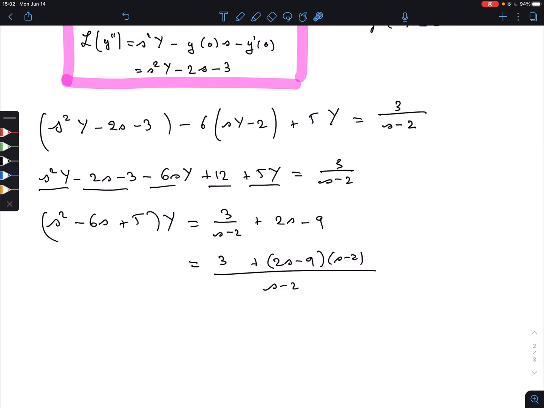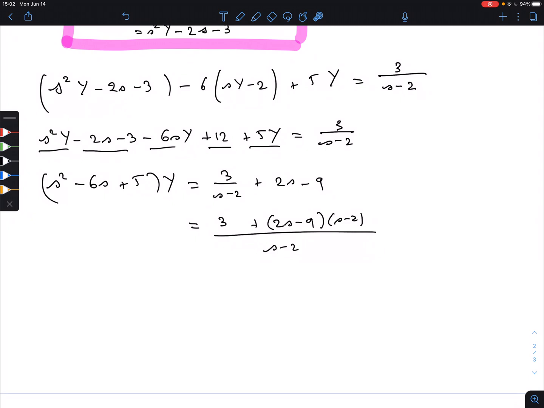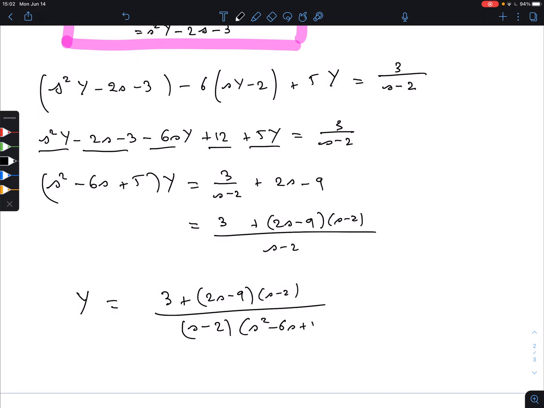There's no harm if you do. So now we divide both sides by this factor, and we get y equals 3 plus 2s minus 9 times s minus 2, divided by s minus 2 times s squared minus 6s plus 5.